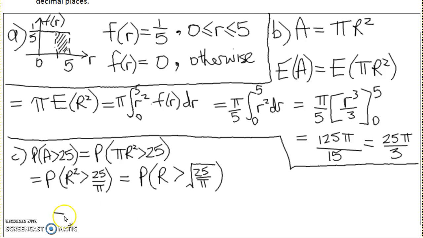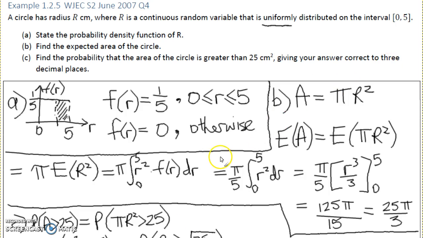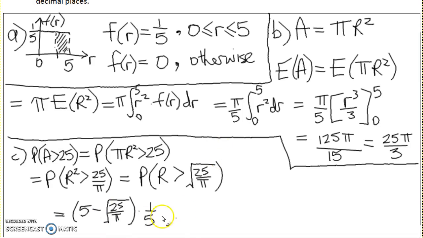So this rectangle will have a base of length 5, take away root 25 over pi, and the height of the rectangle is 1/5. The question does say to 3 decimal places, so let's put this into the calculator and we get 0.436 correct to 3 decimal places.